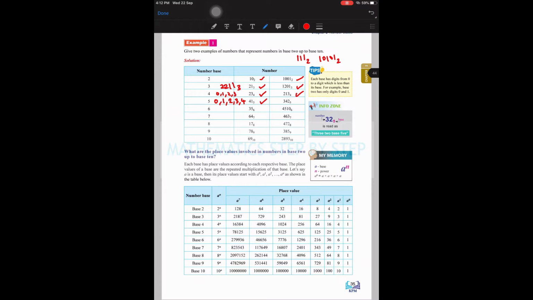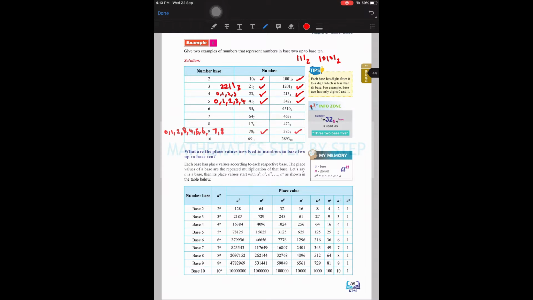So we can see that these are the 2 examples given, so on and so forth. And for the case of base 9, the digits involved are 0, 1, 2, 3, 4, 5, 6, 7, 8, okay? So we can see these are the examples, okay?